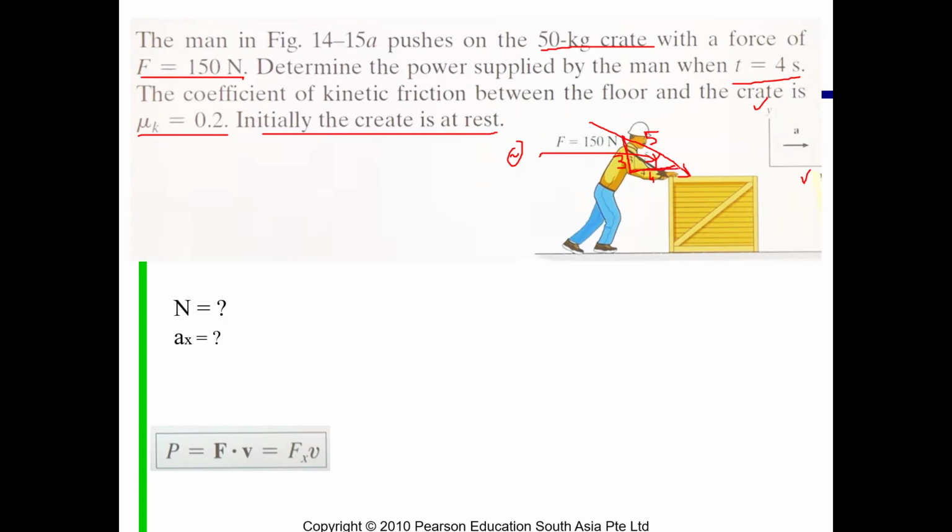Which trigonometric relation do I need to use here to calculate this angle? No idea? Yes, Amir.